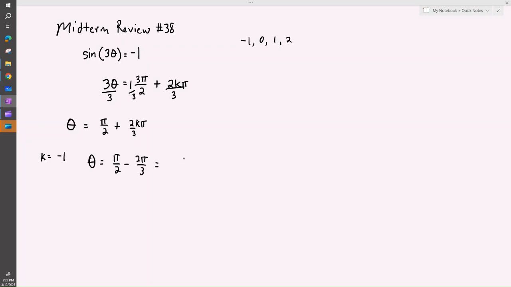Okay, and so that would be equivalent to, with a common denominator of 6, I'm going to multiply the first one by 3 over 3 and the second one by 2 over 2, and I end up with negative pi over 6.